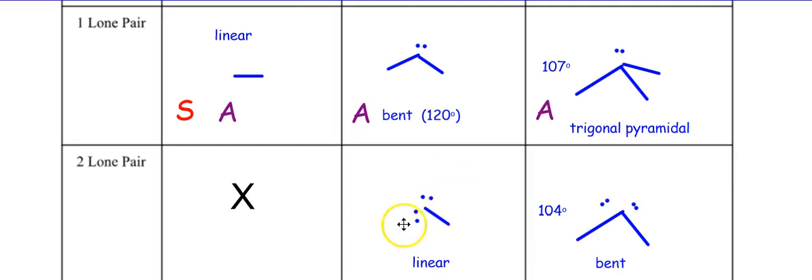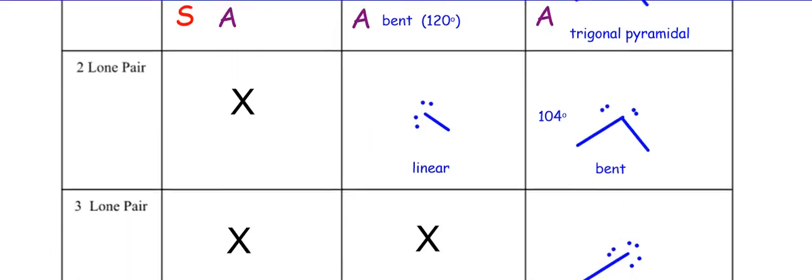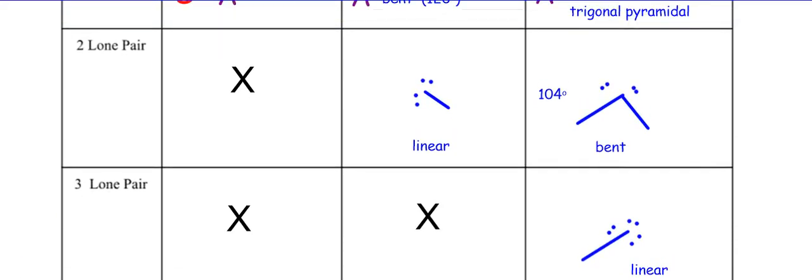So over here, it's hard to have linear with 2 lone pairs and have the same element. So we got to be careful. This could be symmetrical, but it also could be asymmetrical. When you talk about linear, you got to, like I said, be really careful. But for this one, this is most often going to be asymmetrical.